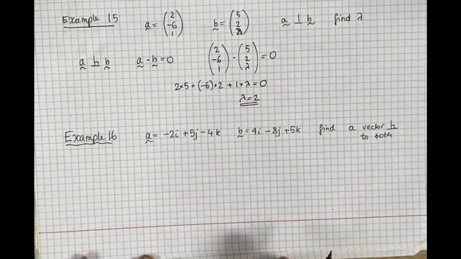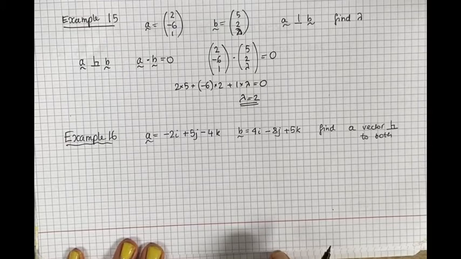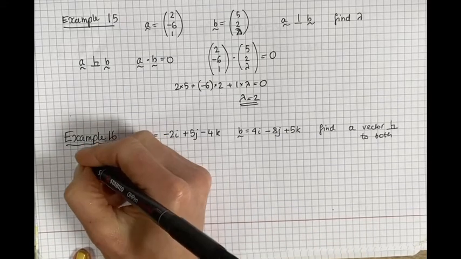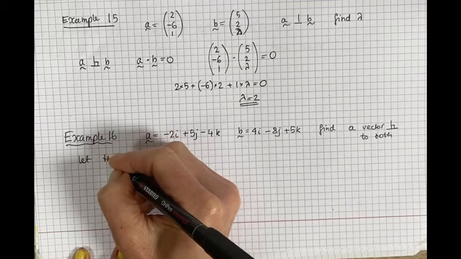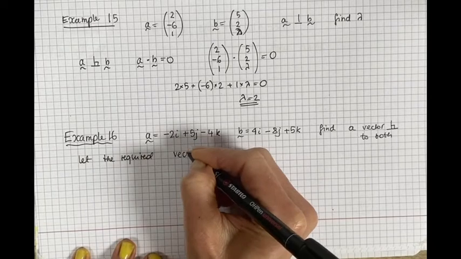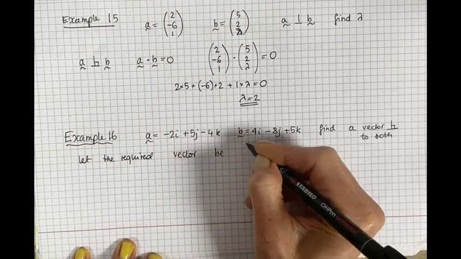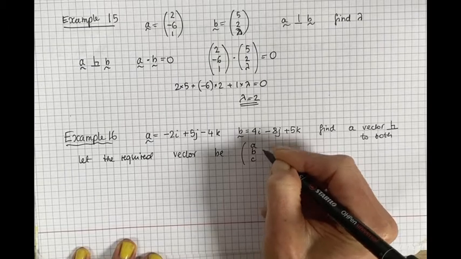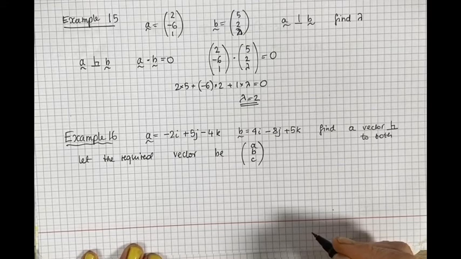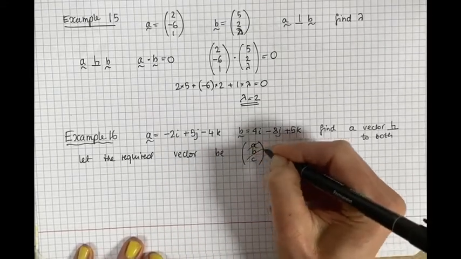Example 16. We have to find a vector, given that a and b are non-parallel vectors. We need to find another vector that is going to be perpendicular to both of these vectors. So let our vector, the required vector, be A, B, C. Oh, it's a bit annoying because we already have A, B, C. Yeah, okay, let's change it.